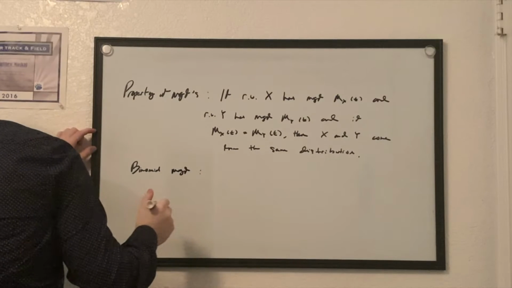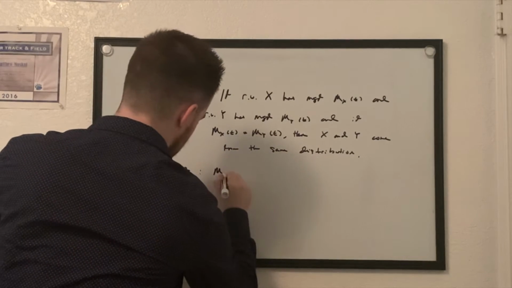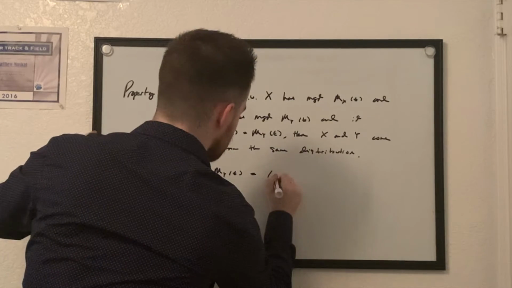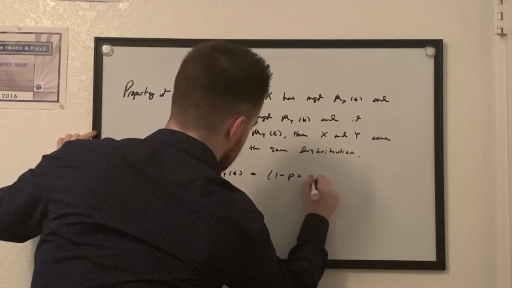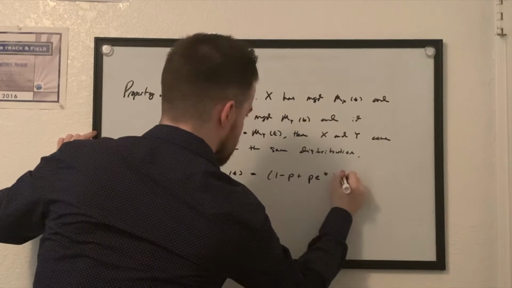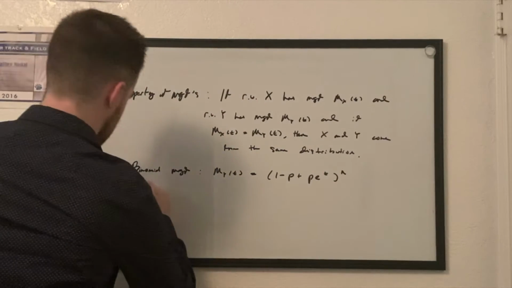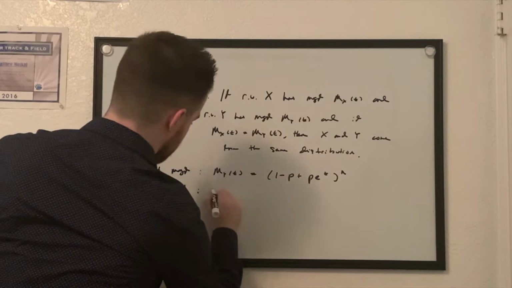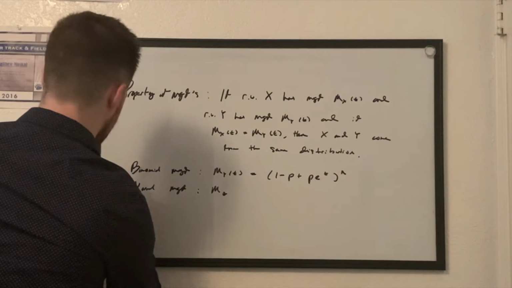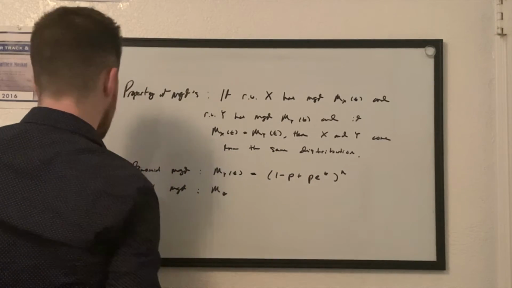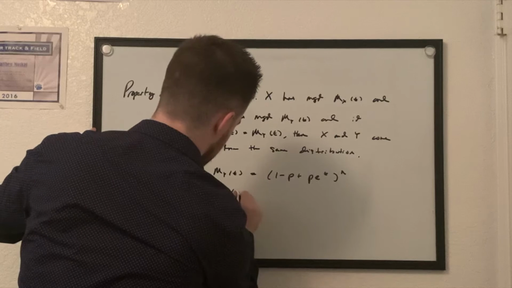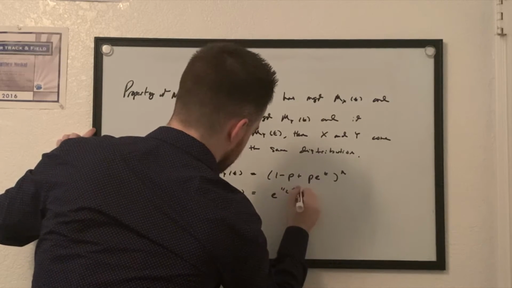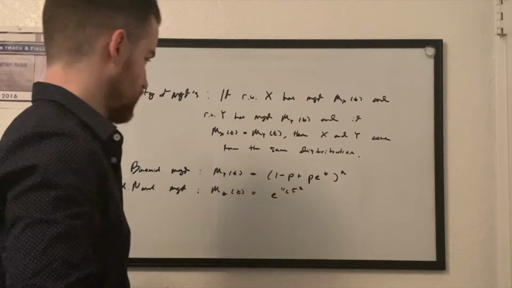Recall the binomial MGF, which we'll denote M_Y(t), is equal to (1 - p + p e^t)^n. The standard normal MGF, M_Z(t), is equal to e^(t^2/2).